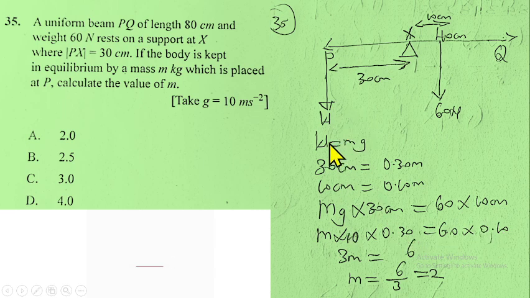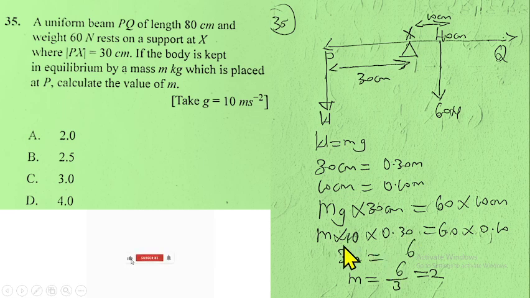The weight is mass times gravity, so m times g, which is 10, multiplied by the distance to get the moment. That will give us 0.30 here, because this one is taken to meter.